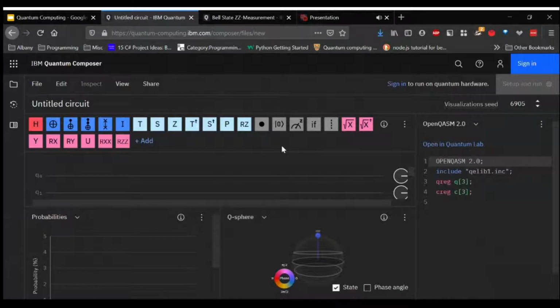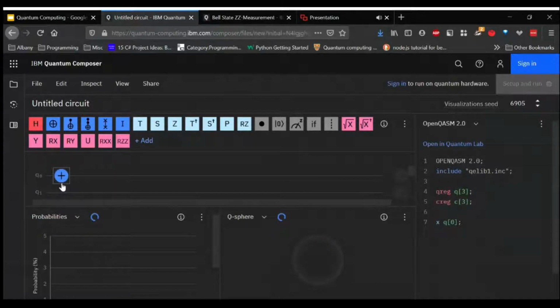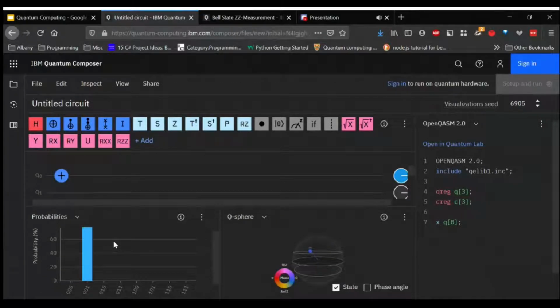And I suppose this makes a lot more sense if we were to talk more about the actual logic gates and operations and the math behind quantum computing. But all of these represent different operations that you can drag and drop, and it affects the probabilities.